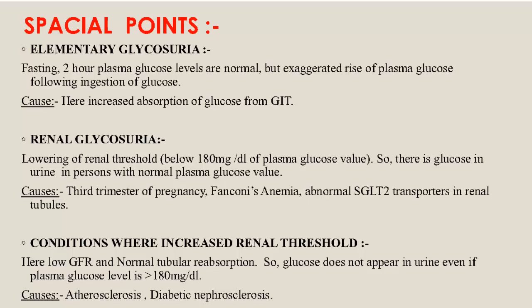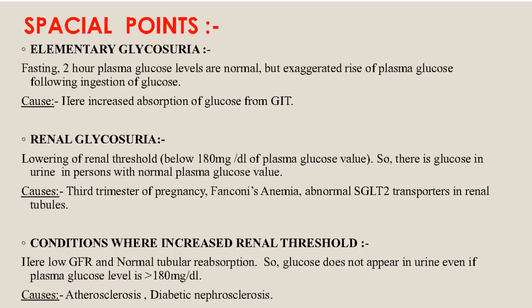Now, first of all is alimentary glycosuria. Here the fasting and 2 hour PP glucose values are normal, but there is an exaggerated rise of plasma glucose following ingestion of the glucose. Here the cause is increased absorption of the glucose from the gut, that is the gastrointestinal tract. Why?